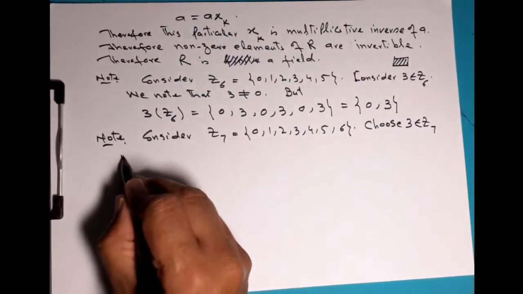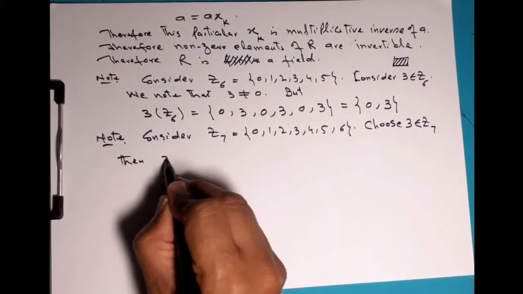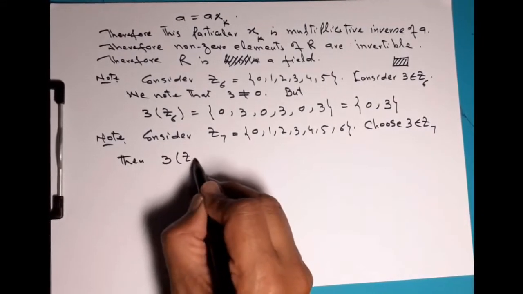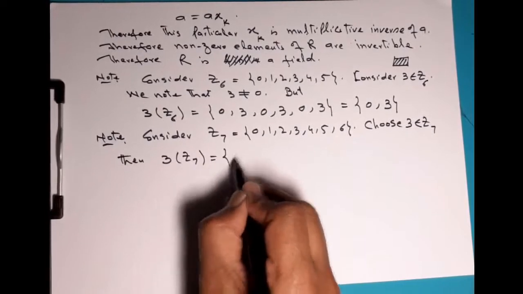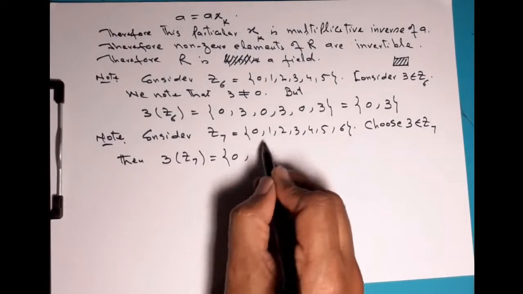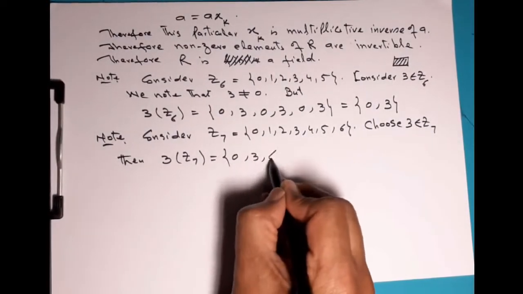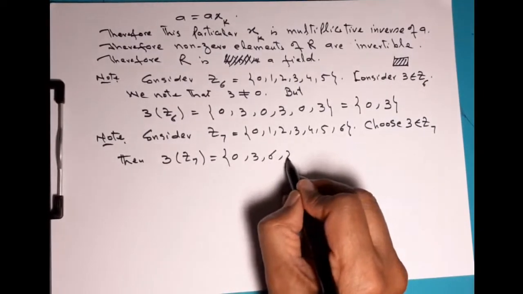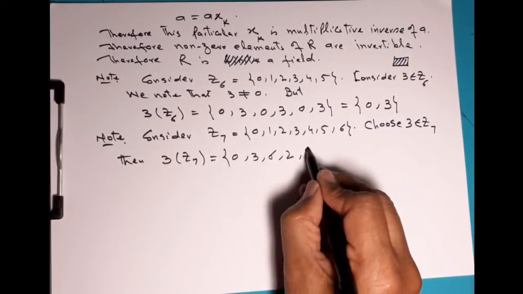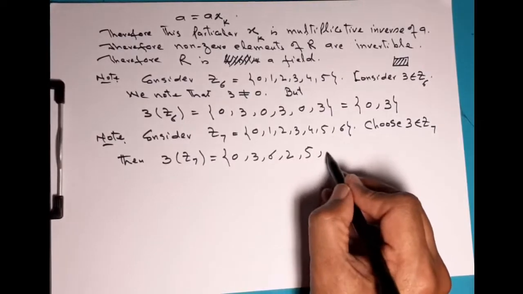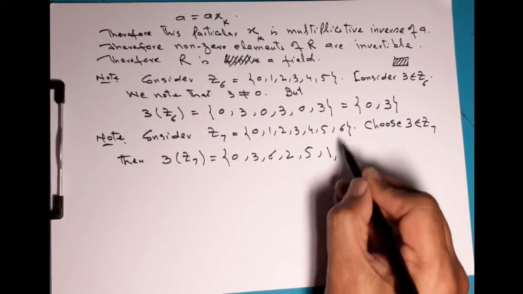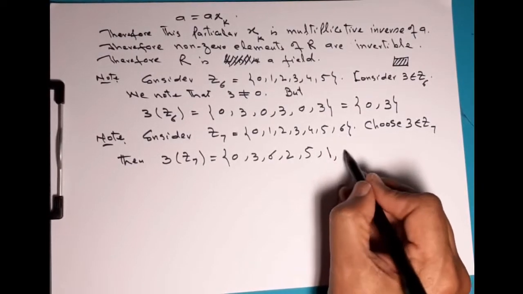Then 3 times Z7 is: 3 into 0 is 0, 3 into 1 is 3, 3 into 2 is 6, 3 into 3 is 9, that is 2, 3 into 4 is 12, that is 5, 3 into 5 is 15, that is 1, 3 into 6 is 18, and that is 4.